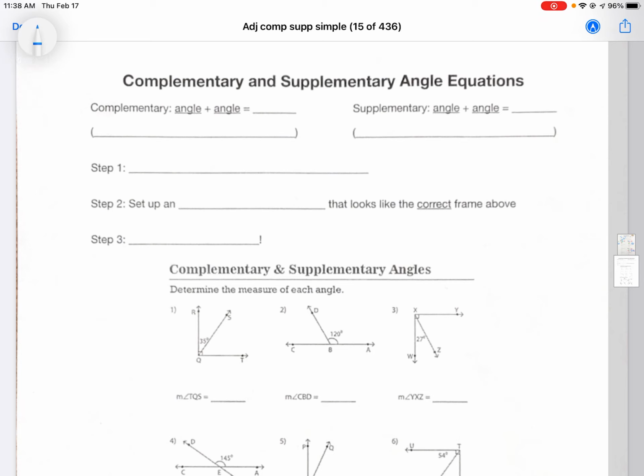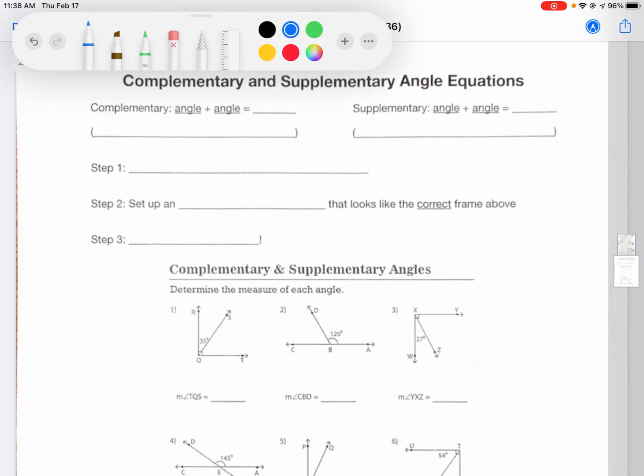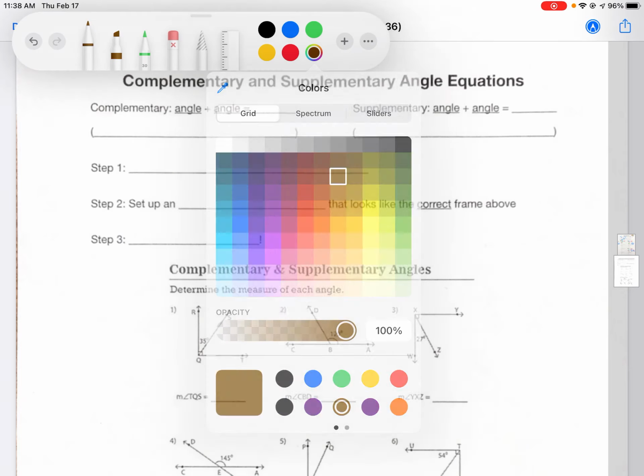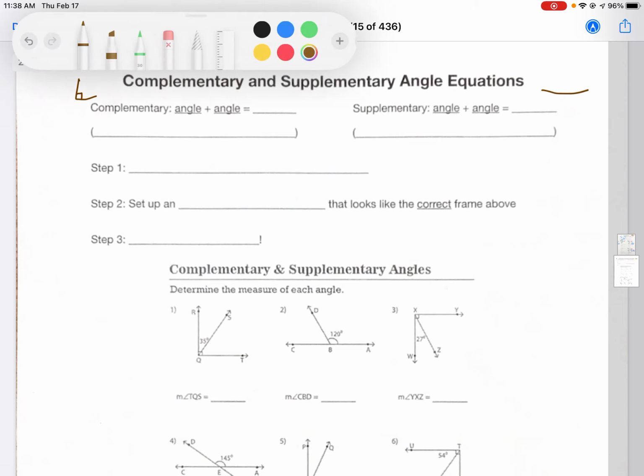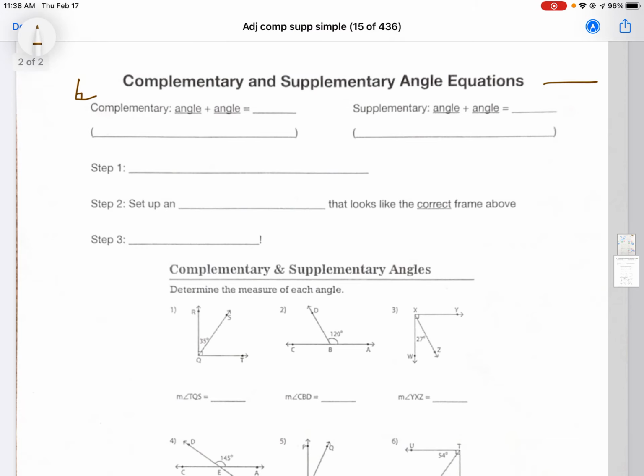supplementary angles. So first, we need to remember that complementary means a right angle. I'll go ahead and just use brown to do a quick diagram here for each of those. A right angle has a little box in it to show that it's a right angle. And then that is not a straight line, Mr. Williams. Your supplementary angles are going to come together to make a straight line.